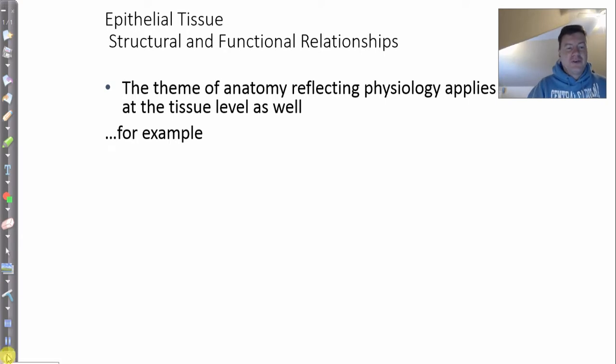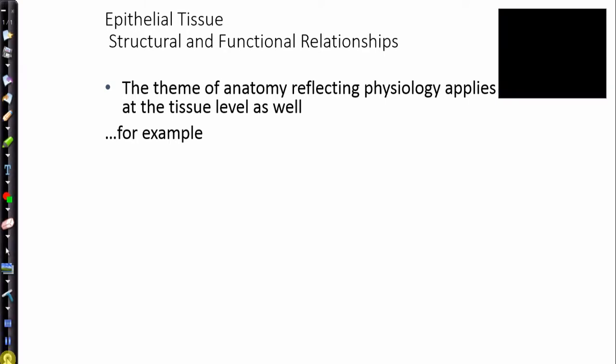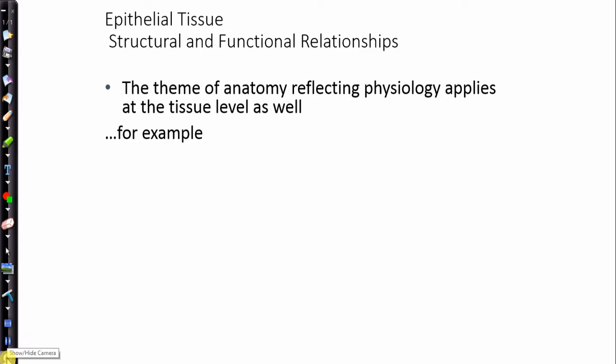So I'm going to take me off here for a second. Oops. So let's look then at some structural and functional relationships. I don't want you to lose track of this idea that anatomy reflects physiology even at the tissue level.